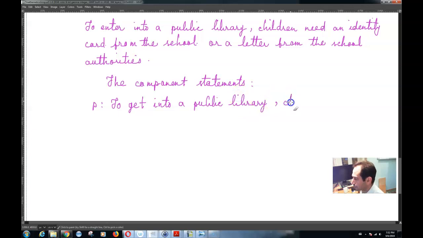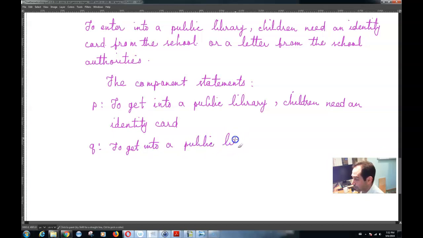And Q would be, to get into a public library, children need a letter from the school.